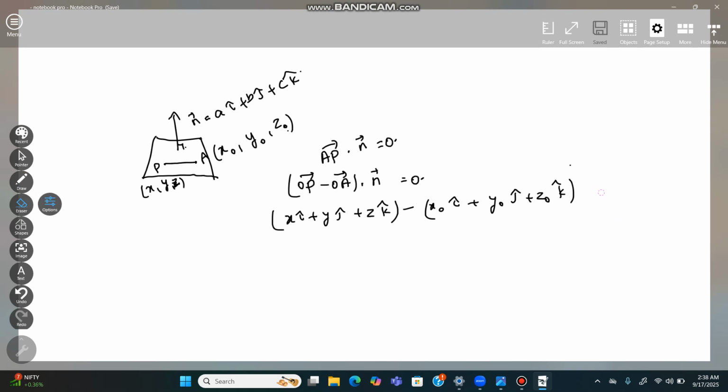That is the dot product with n. So dot n is going to be ai plus bj plus ck. The dot product with that is going to be equal to 0.